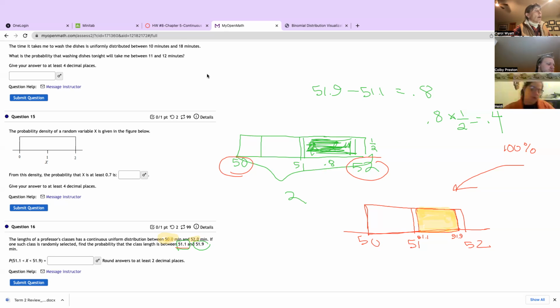Okay, so what's the difference between 50.2 and 50.3? Sorry, I froze for a second there. The difference is 0.1. Good. So now take 0.1 and times that by 1/2.